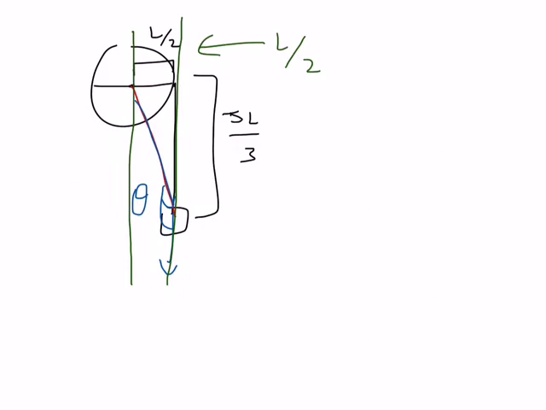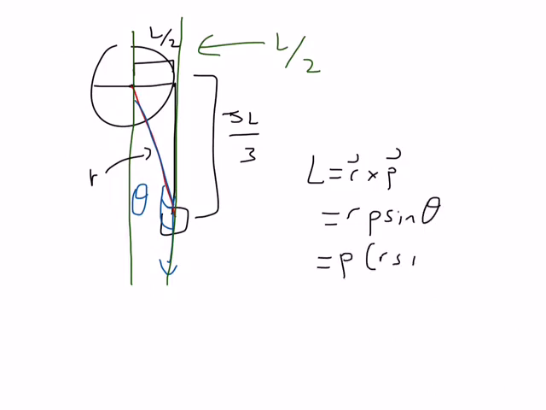So if we are to calculate L equals r cross p, that is the blue line, this is r. This is going to be rp sine theta, or p r sine theta. But r sine theta is just this part right there.